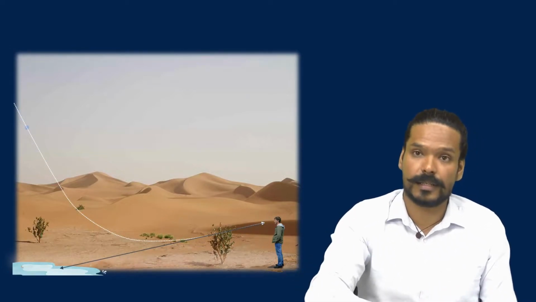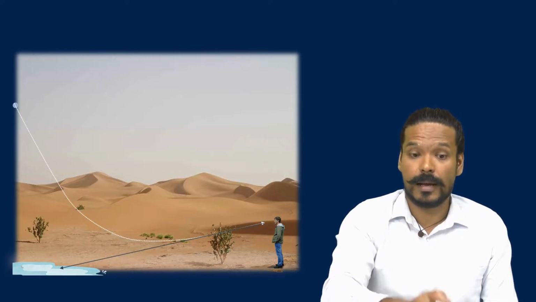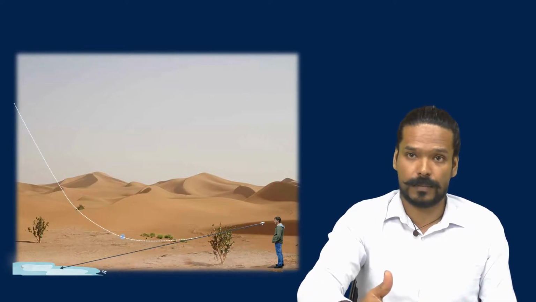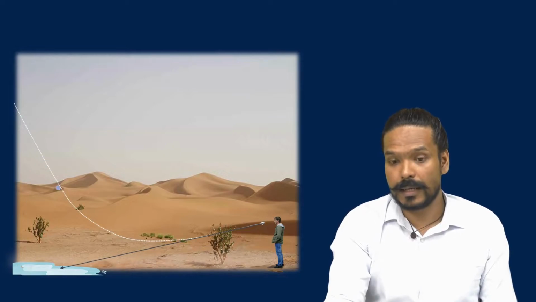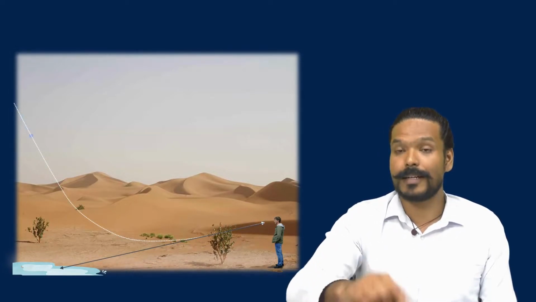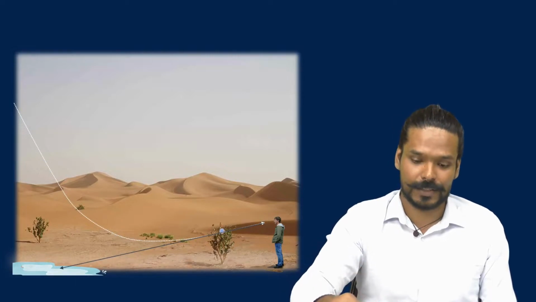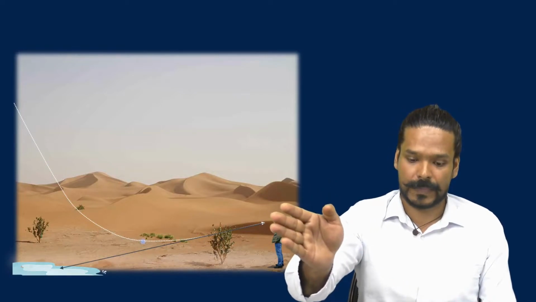As a result, it undergoes continuous refraction by bending away from the normal. Now at a particular point, if the angle of incidence is greater than the critical angle, it undergoes total internal reflection and it reverses its direction and goes up.